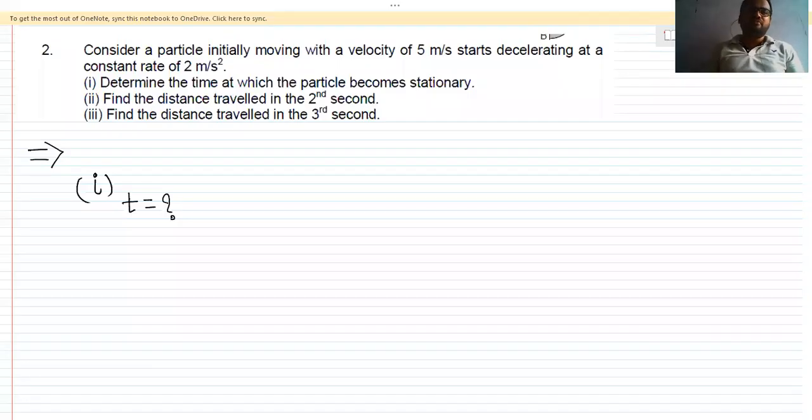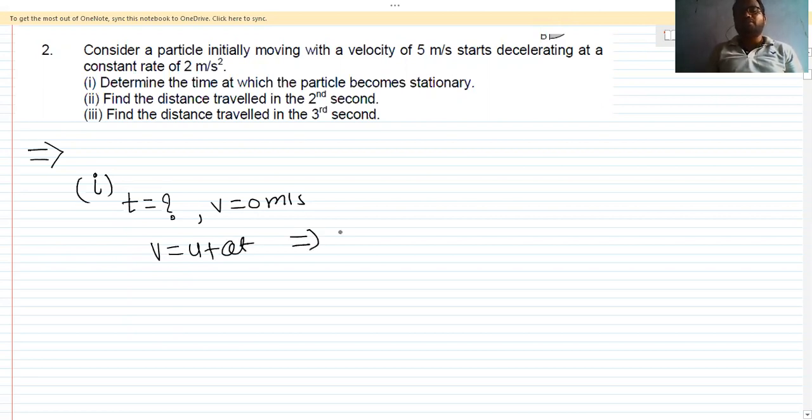So in this we have to find the time at which velocity is equal to 0 meter per second. We can find this time by using the first kinematic equation, v is equal to u plus at, right?